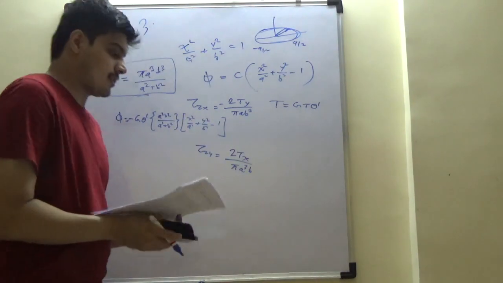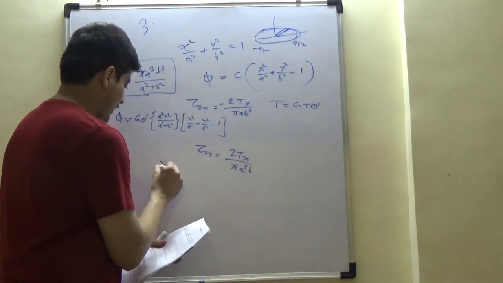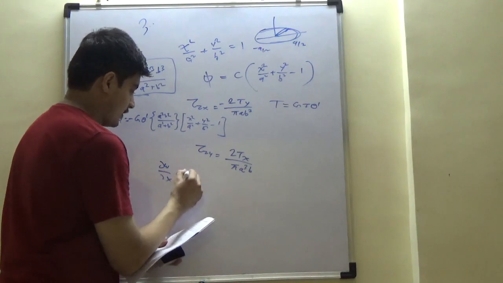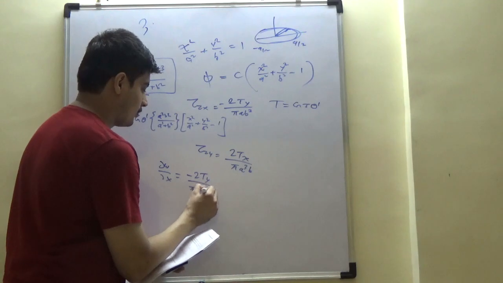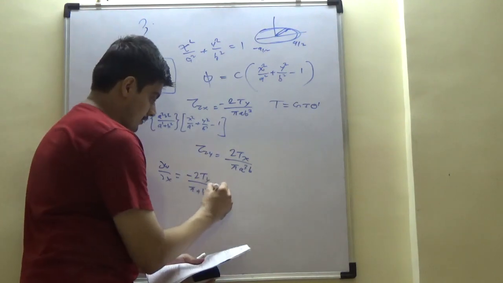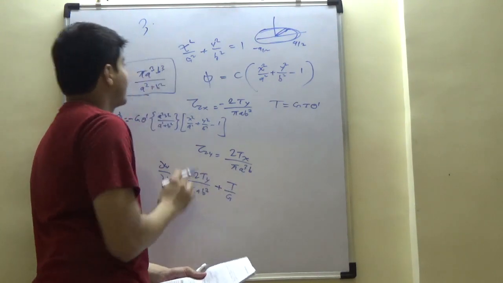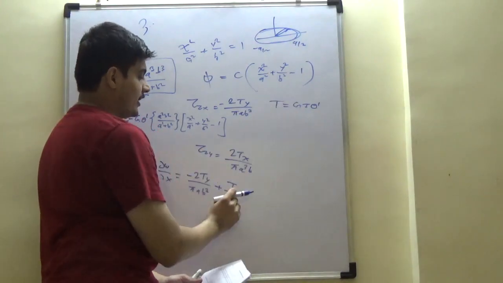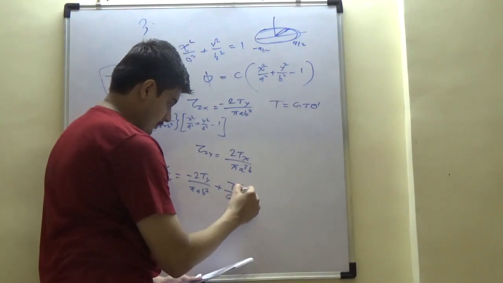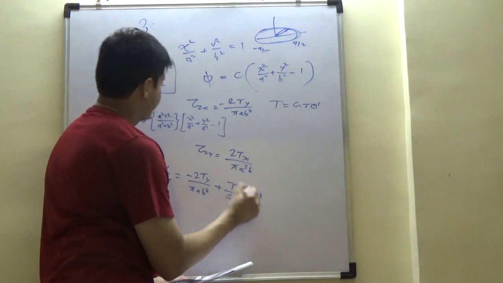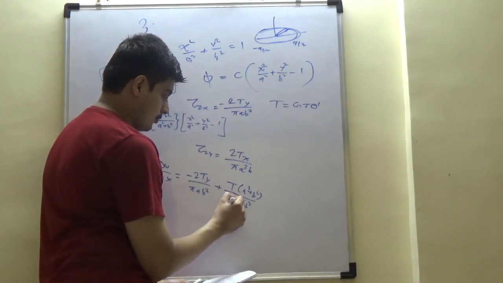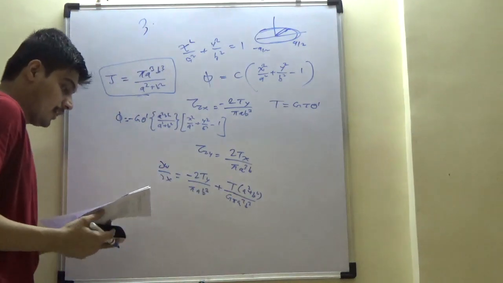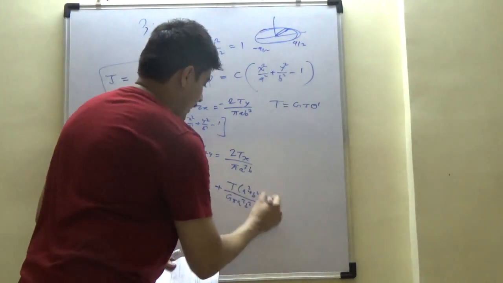If these two stresses are known, del w by del x is going to be minus 2ty upon pi a b cube, right? Plus theta dash T upon GJ, a square plus b square upon a cube b cube, so fine, right, into y.